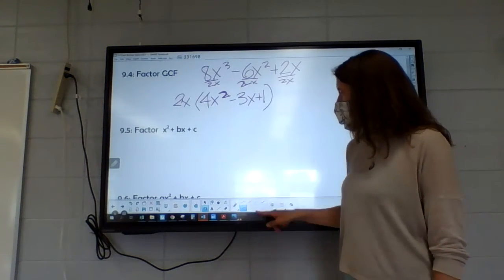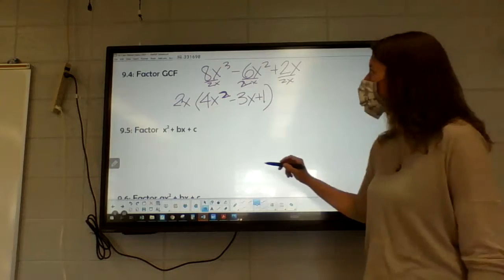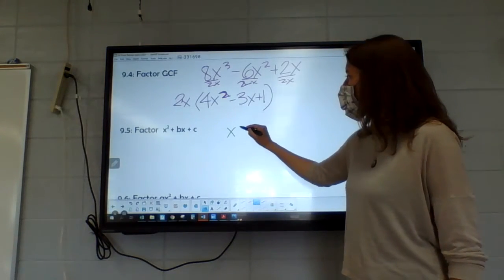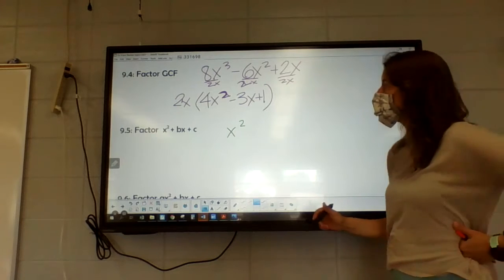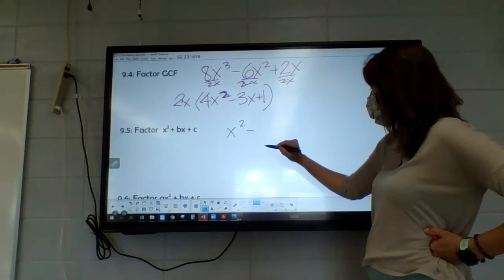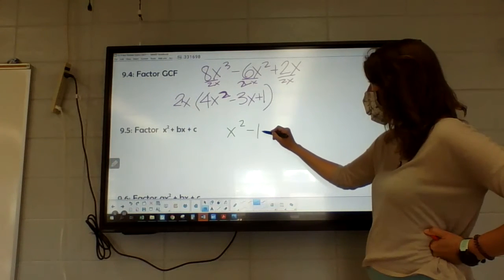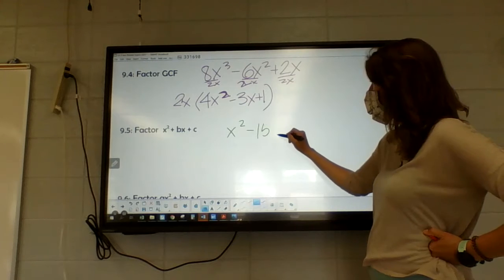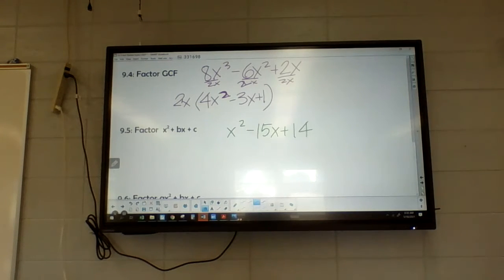The next one is factoring where there's nothing in front of the x squared. So I said to factor something like this.